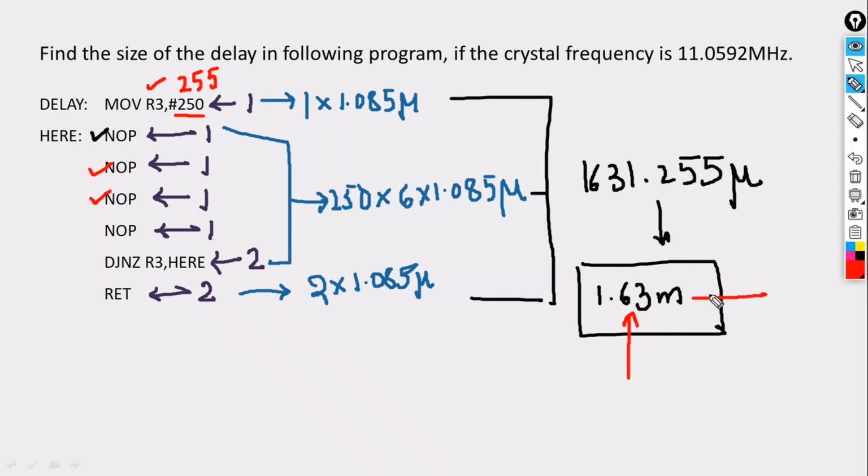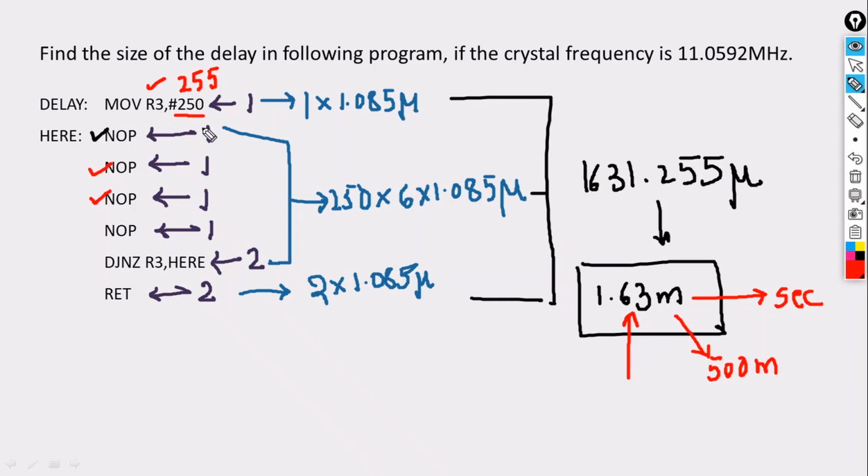But if I want delay in terms of seconds, somewhere around 500 milliseconds, or somewhere around 100 milliseconds, this register is insufficient.